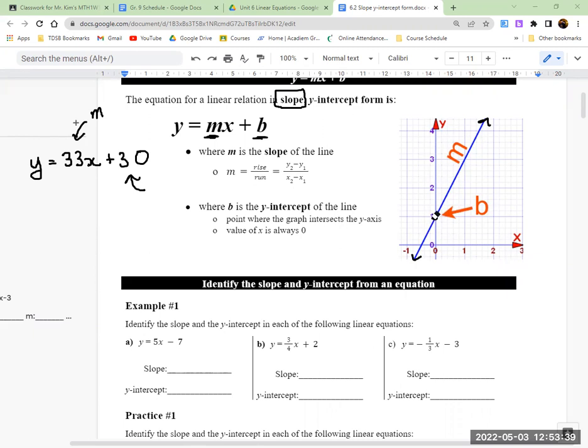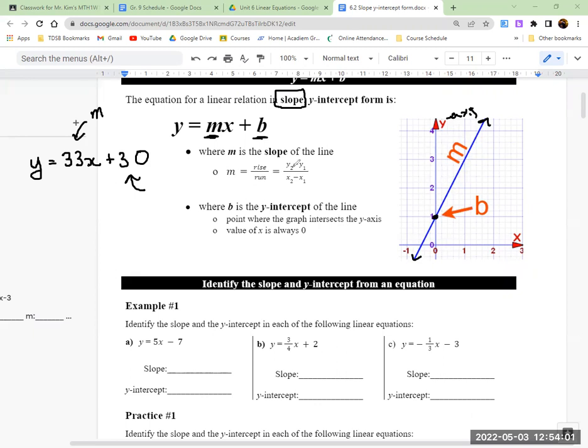Yes? Yes, that's it, right? Mathematicians are not as simplistic as possible because we have other things to think about. This value right here, this point, is called the y-intercept because that line cuts through the y-axis at that point.